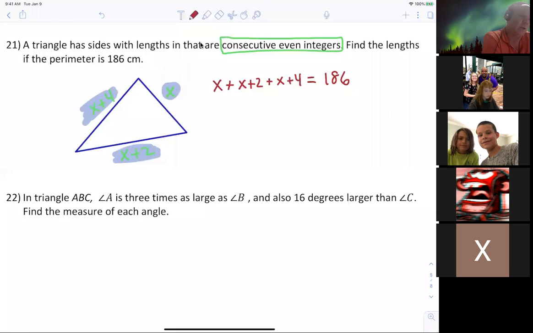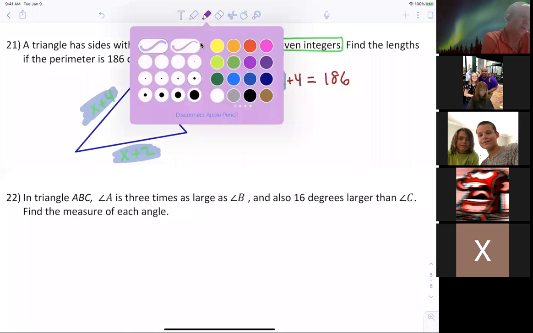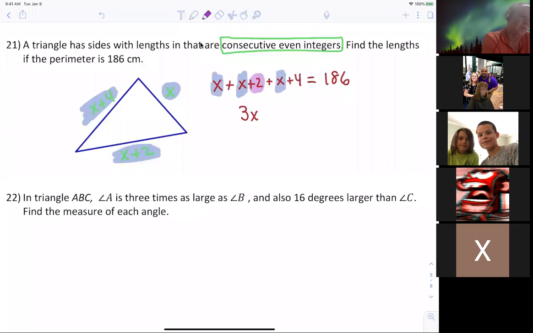All right, so now once again, what is X plus X plus X, someone? 3x. Now I need to figure out what is 2 plus 4? 6. 3x plus 6 equals 186. Everybody okay with that?